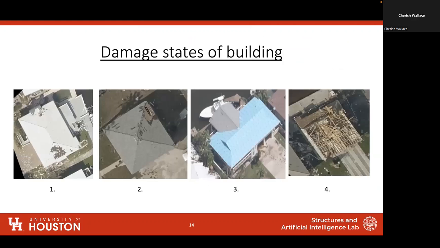Here's an example of how damage states 1, 2, 3, and 4 may look. As you can see, the fourth is total destruction, and in image 1 it's slightly damaged, just the rooftop. These are just rooftops. We have images from the sides as well. I'll go through them in my further slides.